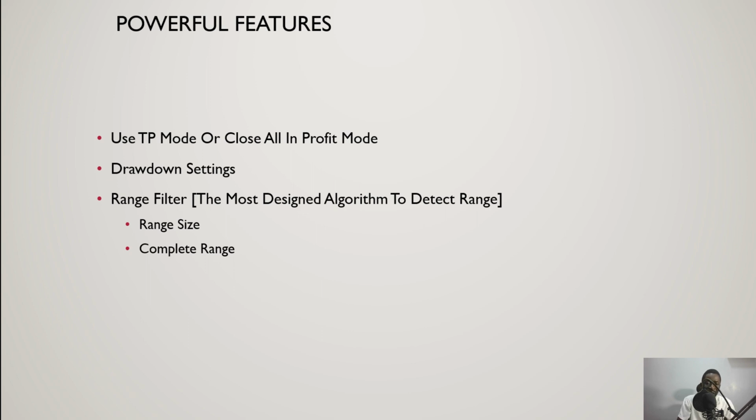If you want to talk about the features, it is necessary to talk about the input settings I've created. For example, you see it comes with a TP mode or it comes with close all in profit. Now, the difference between the two is that let's assume you enter for a buy trade. You may decide to say you want to use TP, or you may decide to close at a dollar value.